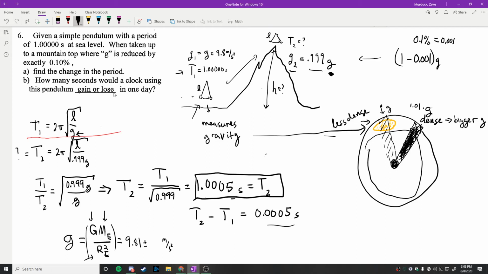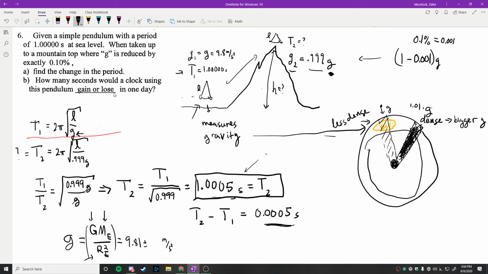Let's see. For the clock on the mountain, this becomes the new second. It literally takes a little bit longer to tick a second by this much every single day.